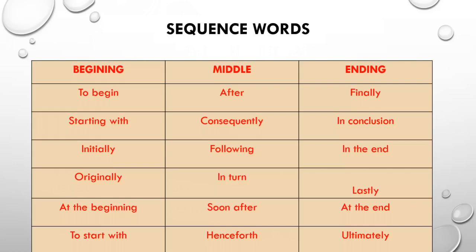So finally, such and such, or in conclusion, we are concluding the story or the passage. The word finally means that these are the final words, and there is nothing after this. That is actually the meaning. So it gives the time stamp of the event that is happening in this story.